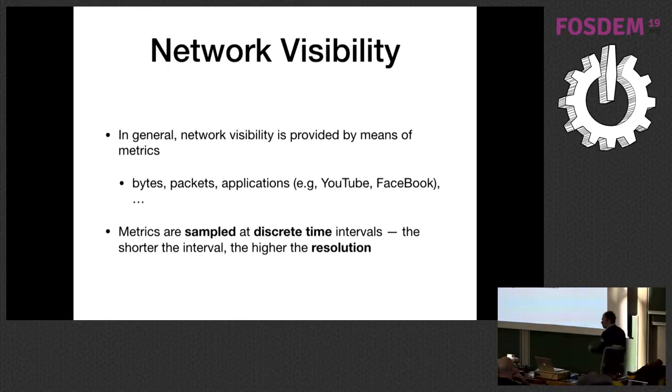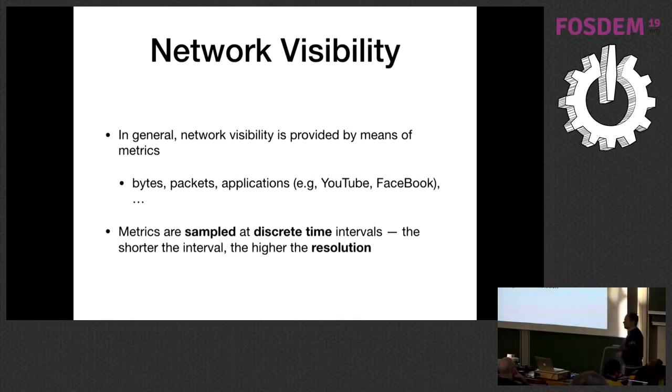There can also be other metrics that include layer 7 application protocols, for example, the amount of YouTube traffic done by this host or by this network. But there can also be more complex metrics, such as moving averages, exponentially weighted averages, these kinds of metrics. But the point is that metrics are sampled.